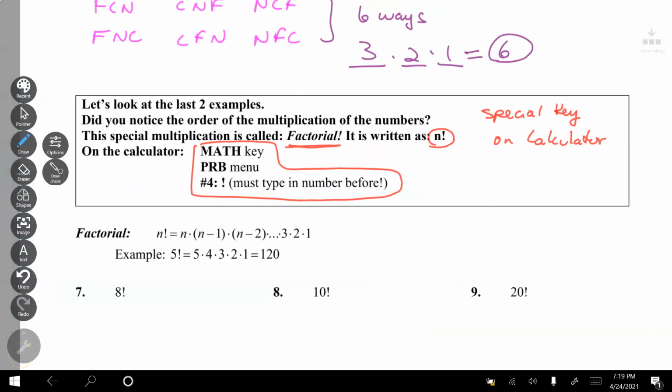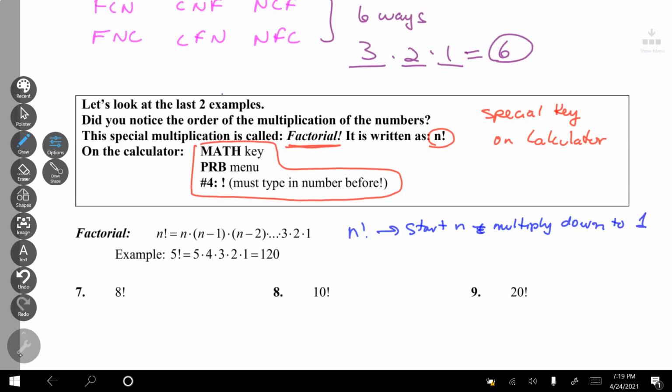So n factorial means n times n minus 1 times n minus 2, you basically start at the number n and multiply down until you get to the number 1.